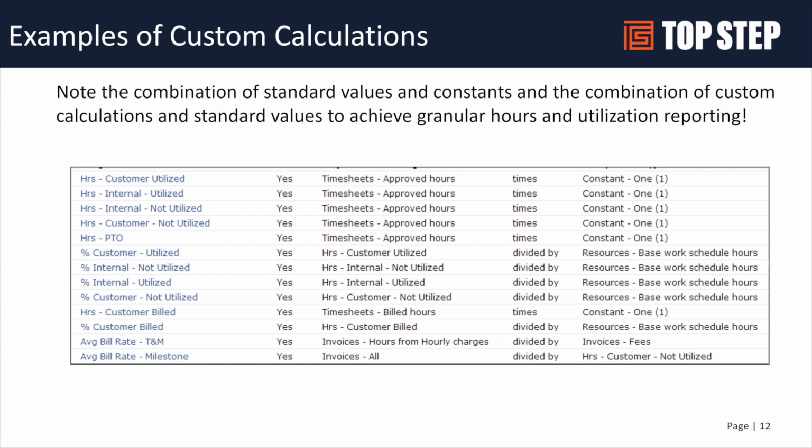But those were 1 utilization flavor per report. Here we can use calcs now to whip up different utilization calculations and have those all appear on the same report. So you can see some of the ones up top are just using standard values, using a constant, and then using filters inside to create the correct value.